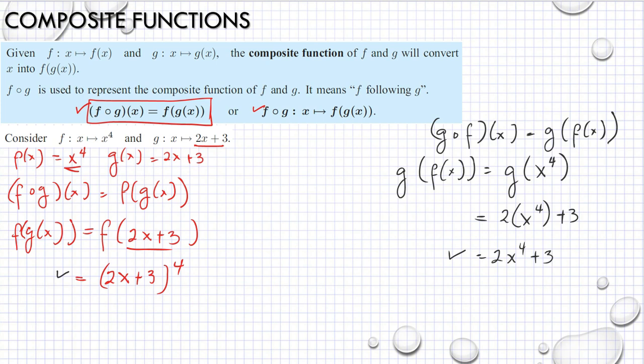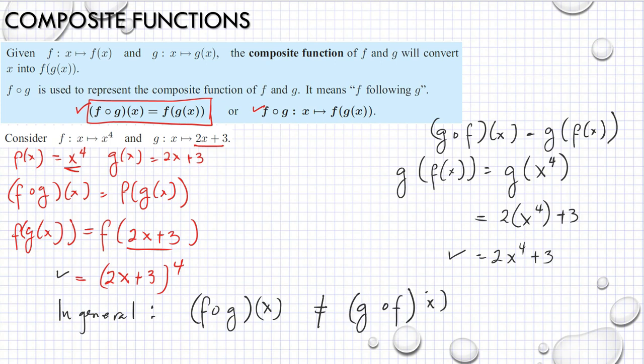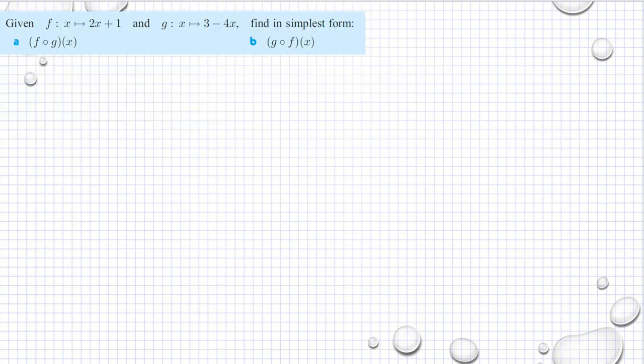Now we can take a generalization: the composite function of f and g is not equal to the composite function of g and f. They are not equal.